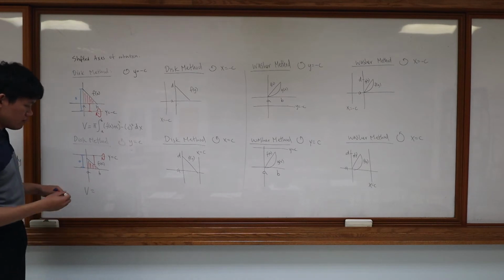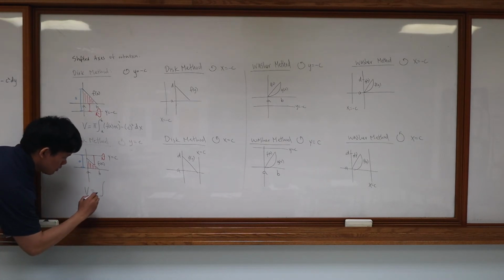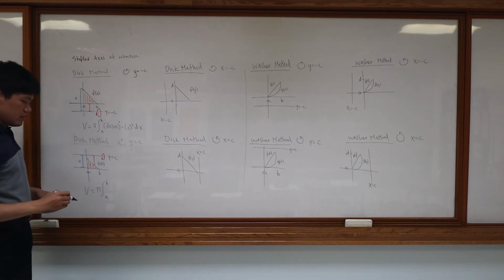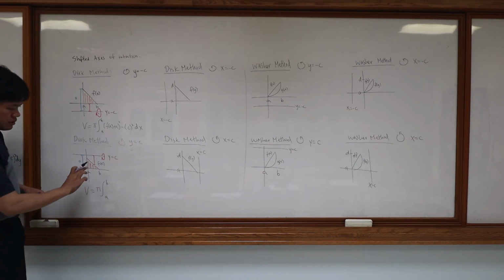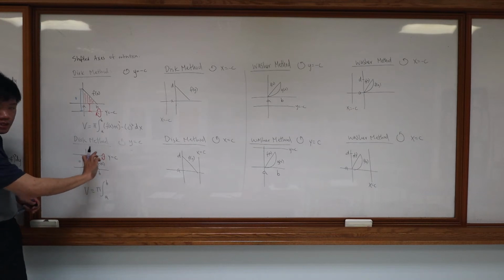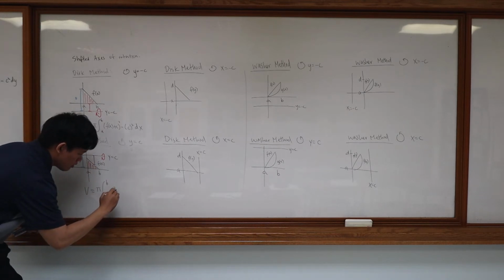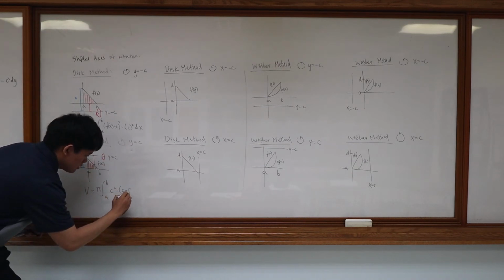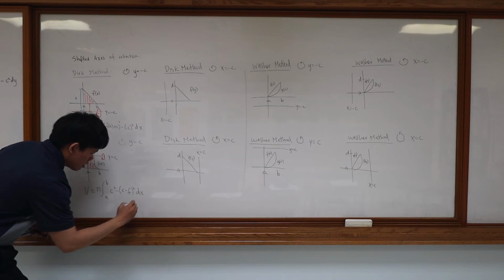So my volume here is going to be pi times the integral from a to b, and my outer radius is going to be c, because this distance is never going to change. So I'm going to say c squared minus c minus f of x, which is ever changing, squared dx.